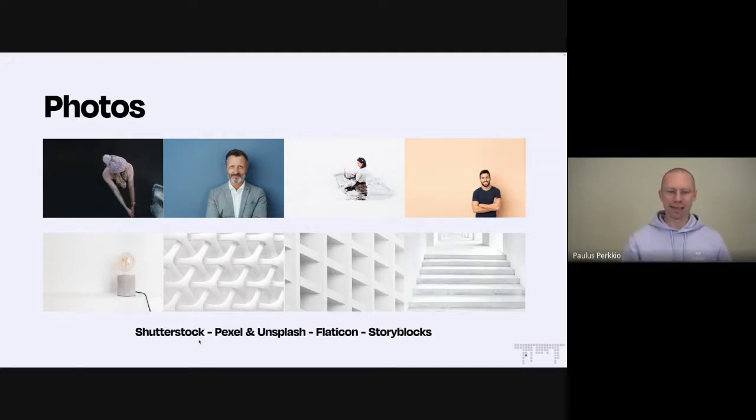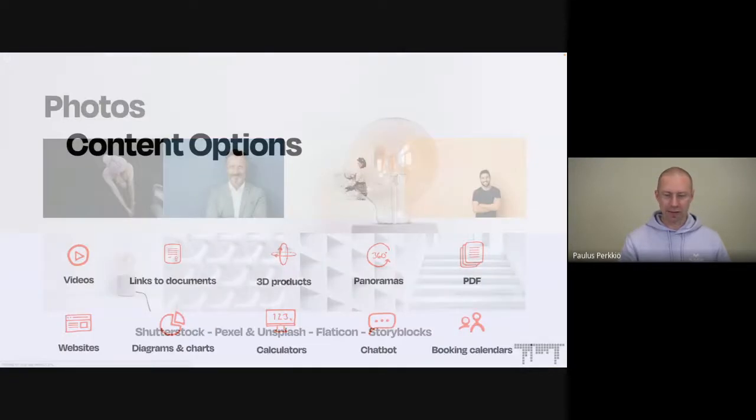I have added here some image banks like Shutterstock. We are using it quite a lot. Then Pexels and Unsplash, they are free ones. Flaticon is really good for finding icons. Here we have many icons.